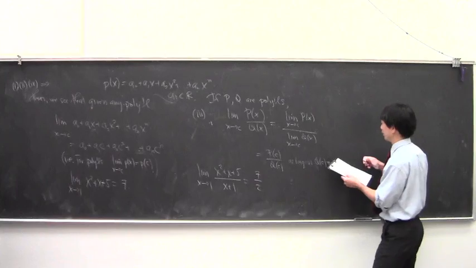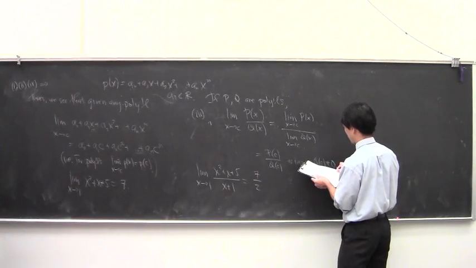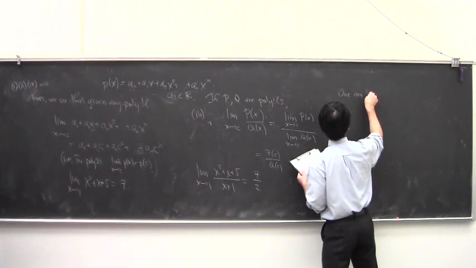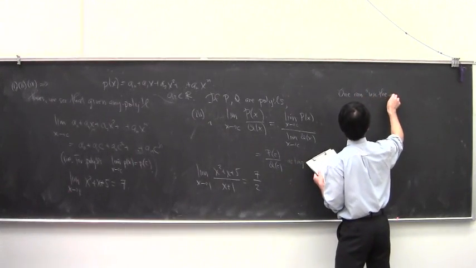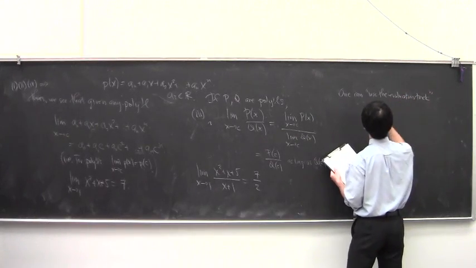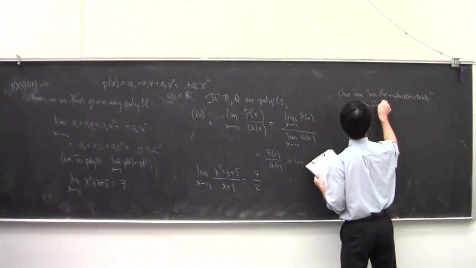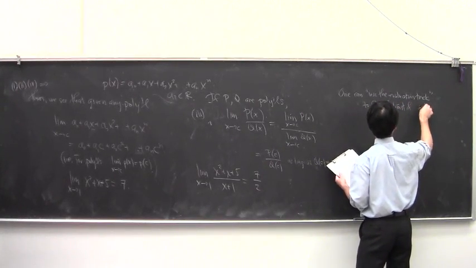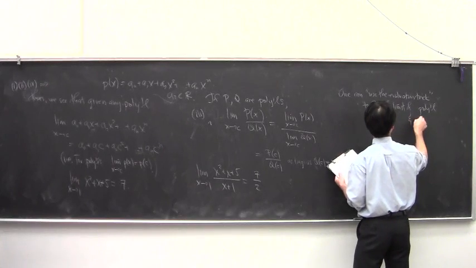So one can use the evaluation trick to find the limit of polynomials and rational functions.